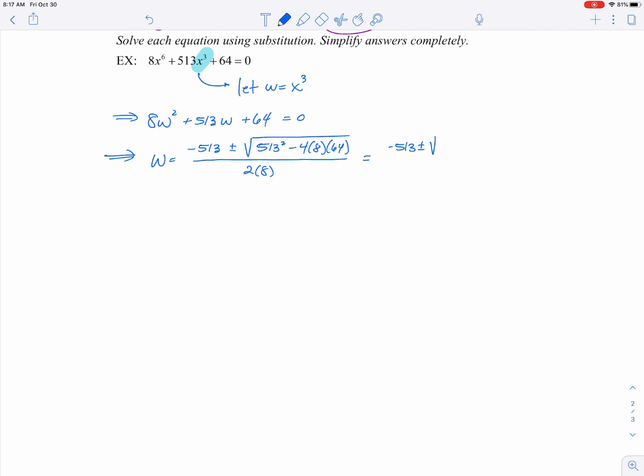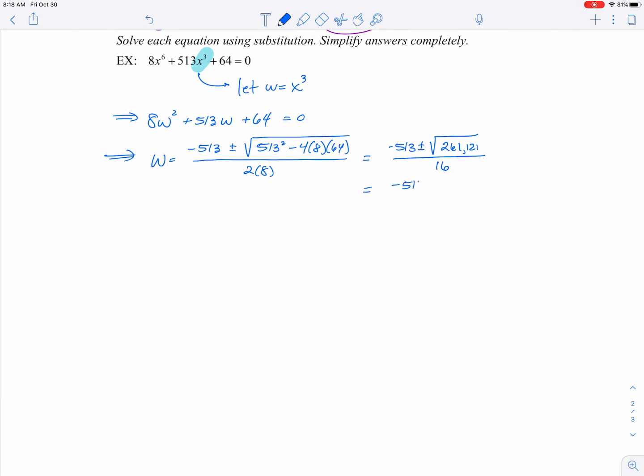And the result under the radical is 261,121, which is probably a perfect square, over 16. Let's take the square root of that guy. Yep, 511.